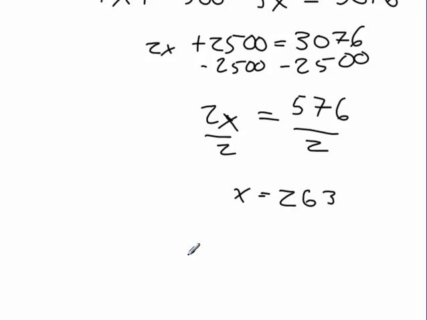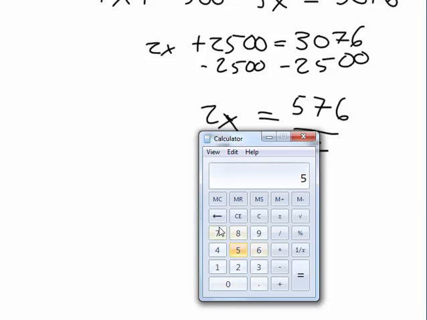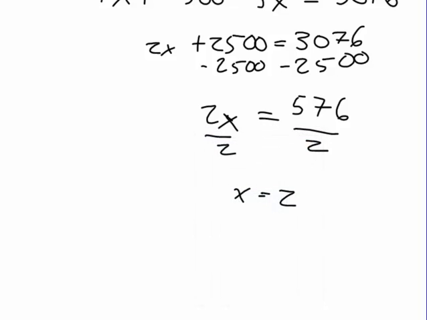No, that's not right. Let's use a calculator. Quit being silly here. X is $288. I was way off. I was so far off. I can't believe I tried to do that in my head.